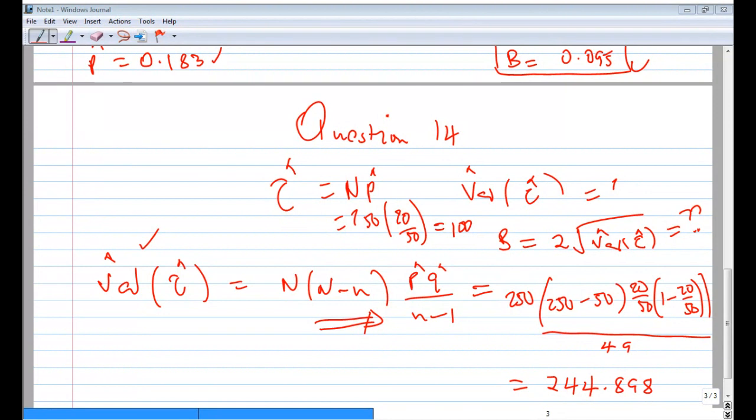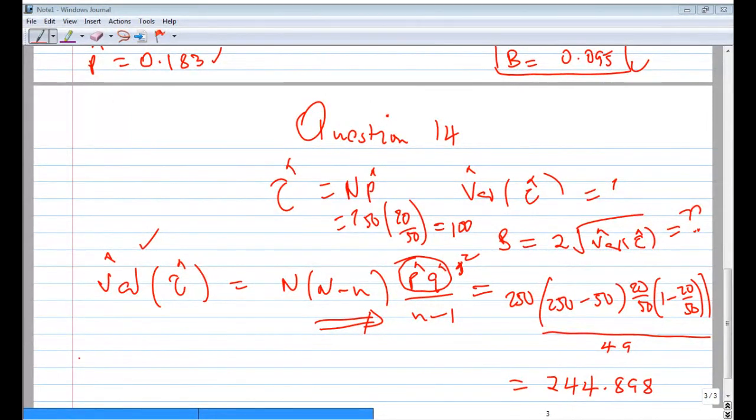Yeah, I think it's correct, because here we're talking about the proportion. So instead of writing the variance here, we substitute the proportion. It was supposed to be S squared, but because we're talking about the proportion, we use PQ.